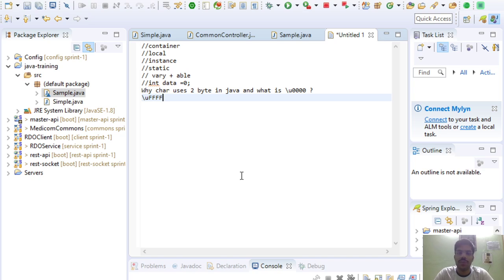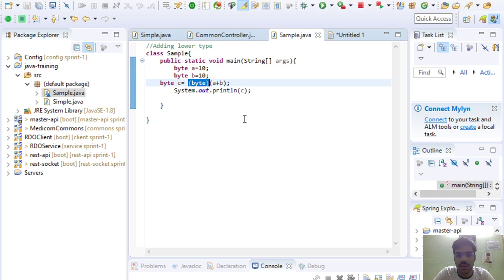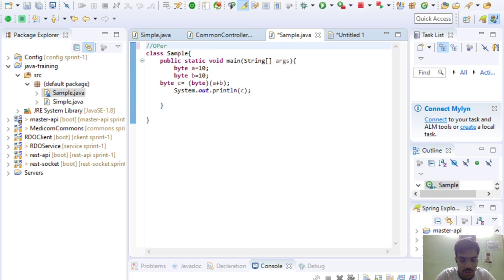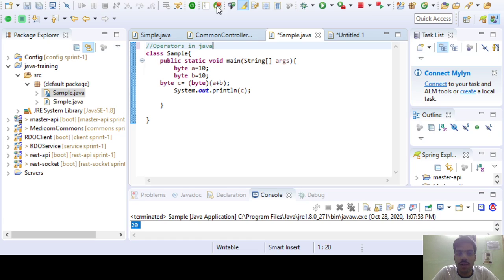Okay, let's come to the next topic, operators in Java. An operator in Java is a symbol which is used to perform a specific operation, for example plus, minus, star, slash, which you may have heard of.